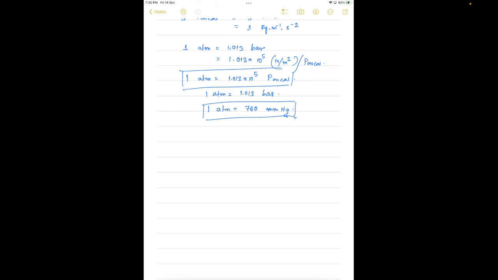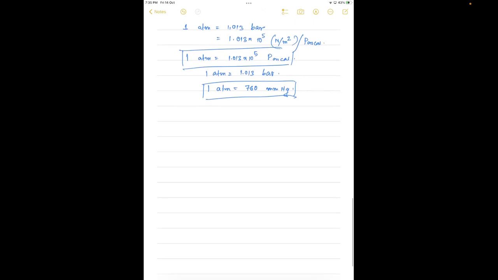So this is all about pressure, and sometimes you need to interconvert mass from the atomic mass unit to kg. Atomic mass unit means the mass of a single atom. We know that the mass of 1 mole of any atom, let's say carbon atom, 1 mole of carbon atom will be 12 gram. 1 mole means there are Avogadro number of carbon atoms.